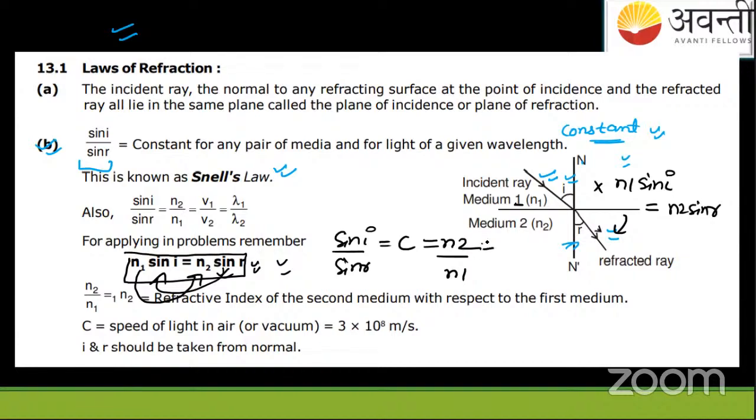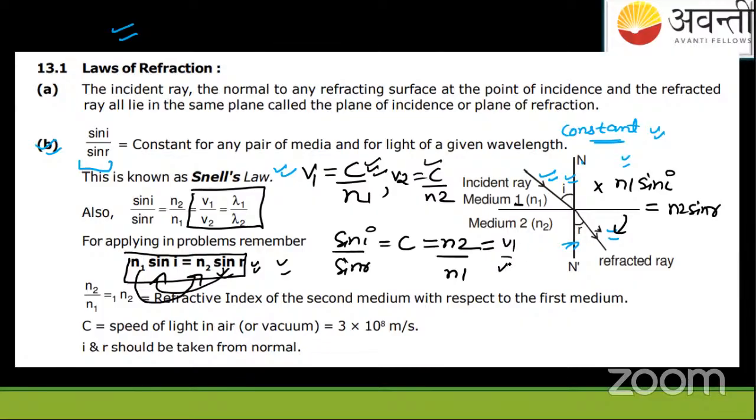Now you have to remember these two things. You know that speed equals C by refractive index, and C is always constant. So V1 equals C by N1 and V2 equals C by N2, and from this you can find V1 by V2 and prove this. We also know V equals lambda by time period.